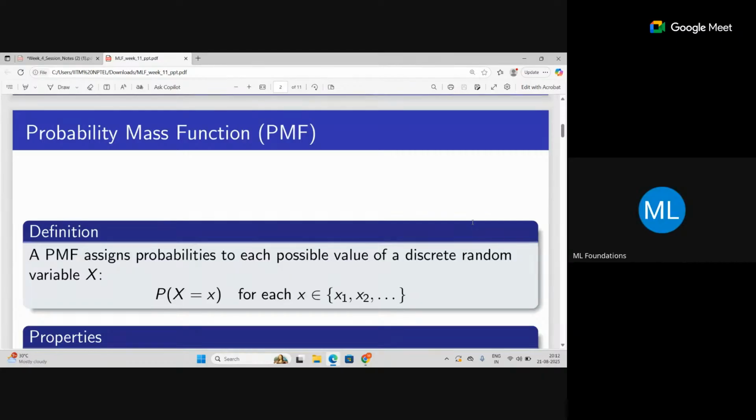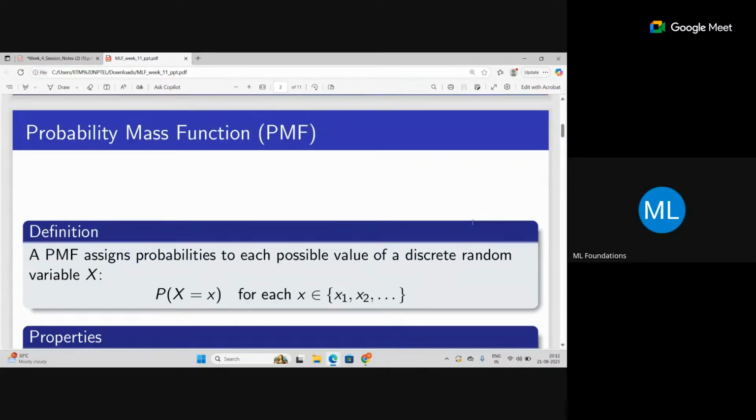And when we define a random variable, we define the probabilities associated with it, right? A random variable can take finite values or infinite values, as well as finite.